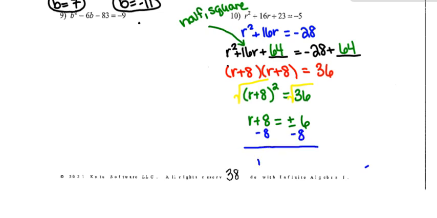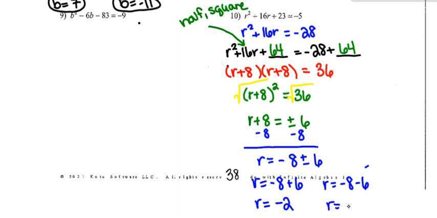Subtracting 8 from both sides leaves me with r equals negative 8 plus or minus 6, which is negative 8 plus 6, or negative 8 minus 6, telling me that the value of r is either negative 2 or negative 14.